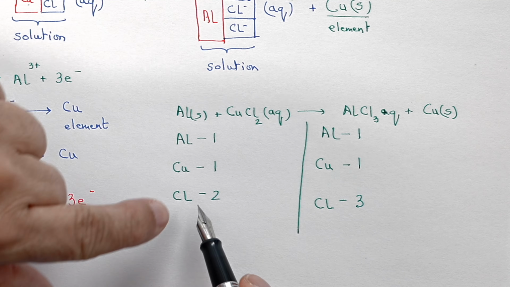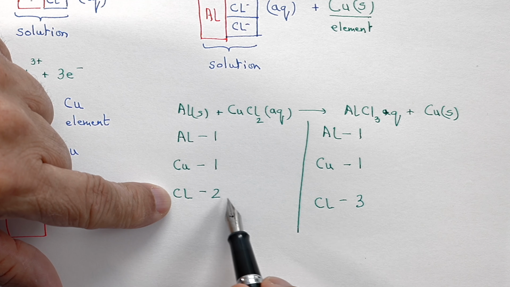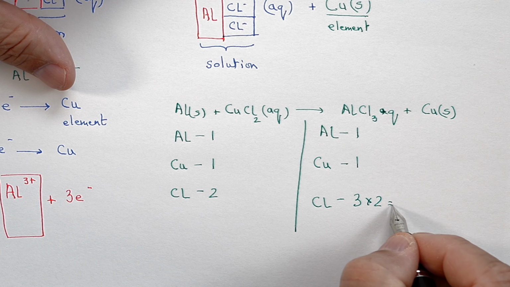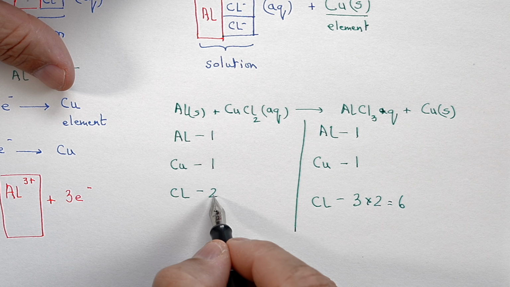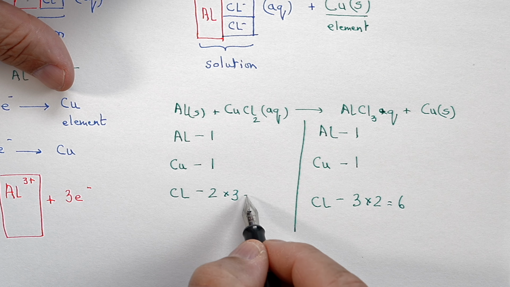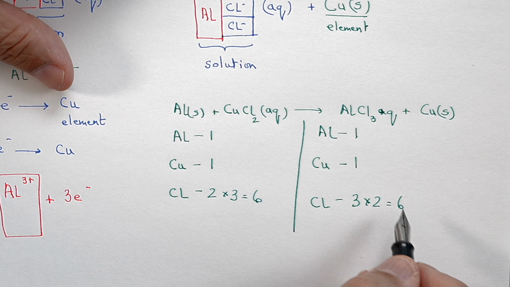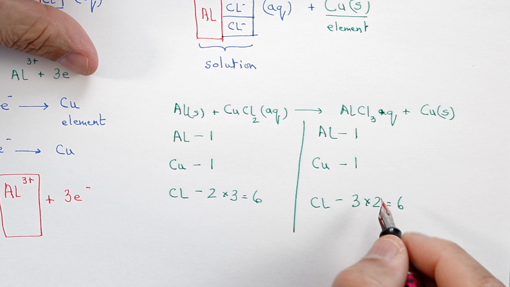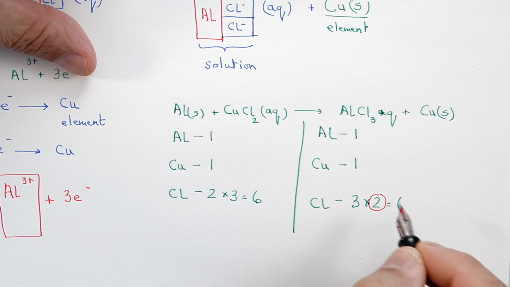So right away you can see that there's a problem here. So you've got to try and make these two numbers the same. So if you multiplied this by 2, you would end up with 6. And if you multiplied this by 3, you would end up with 6. So that works. The important thing here is that whatever the multiplication factor is, so we started out with 3, we multiplied by 2.